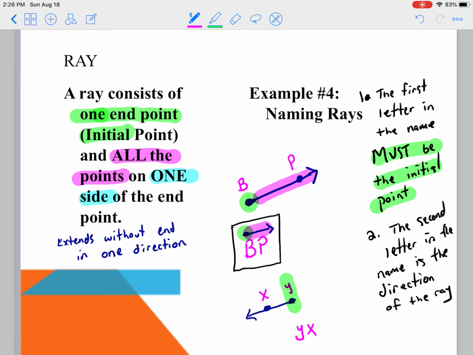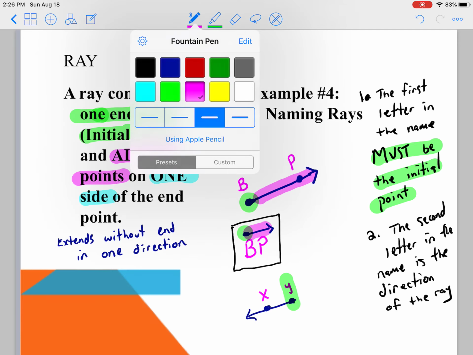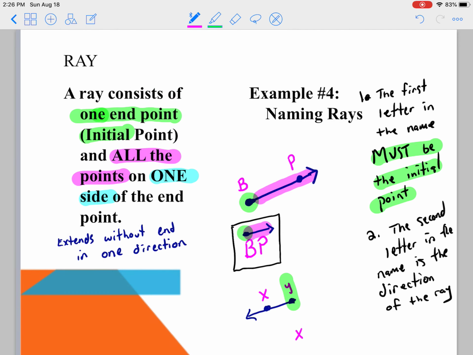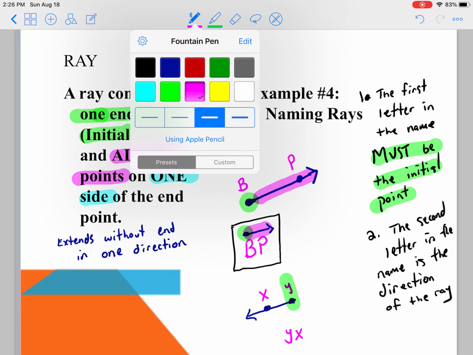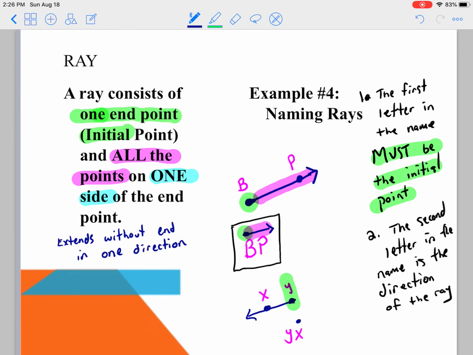It will be very difficult in the beginning, if you're not paying attention, not to write your notation in this manner. This is incorrect, okay? That is incorrect in the sense that if you were to write it in that direction, what you are saying is that your initial point is X moving in the direction of Y. That's what that is saying.